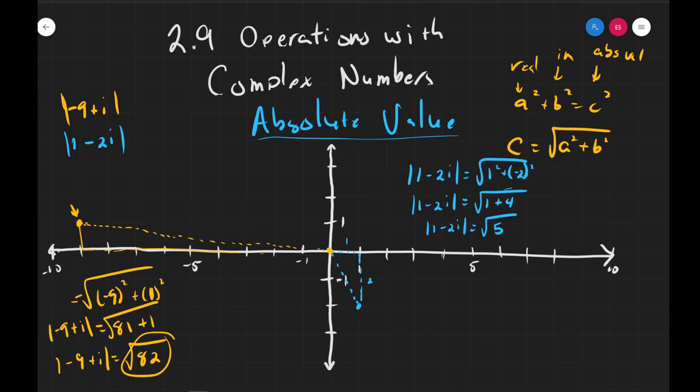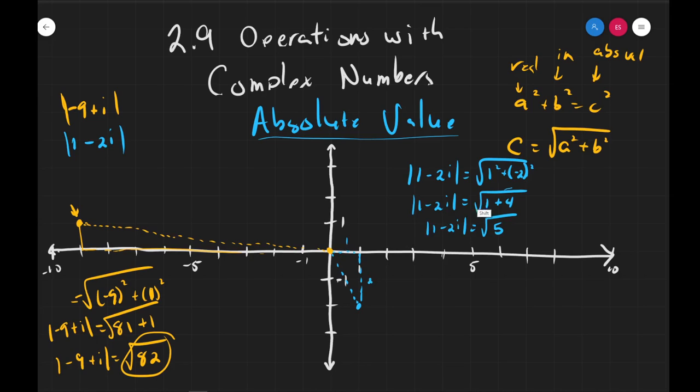So if we plot our point, we get this point right here, that went 1 over and 2 down, 1 over and 2 down for our real part and our imaginary part. Its vertical distance went 2, its horizontal distance went 1.